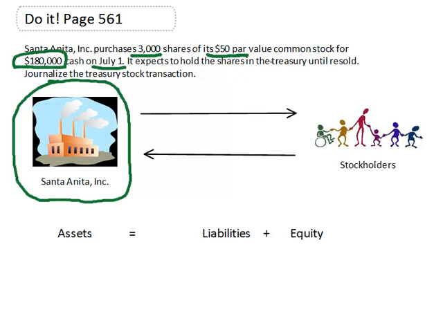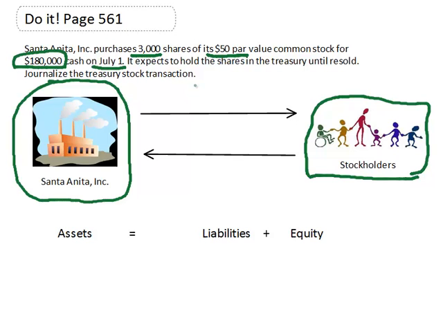They expect to hold the shares in the Treasury until they're resold, which is significant. They're not retiring the stock. And who are they going to buy these shares from? Well, once they're issued, they have the option to repurchase them from our shareholders, and that's who's represented over here.